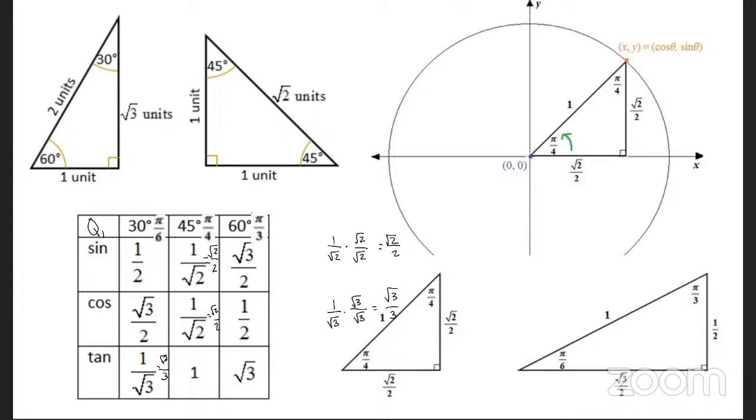Remember, if we drew this on the unit circle here, it would look something like that. And so you would have here your x value, where your cosine goes first, and it's going to be radical 3 over 2, comma 1/2.